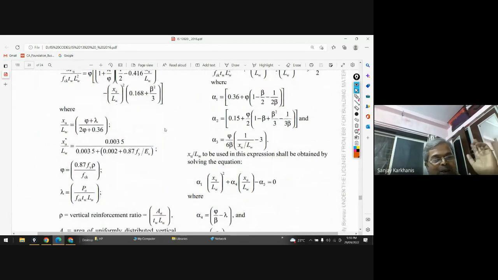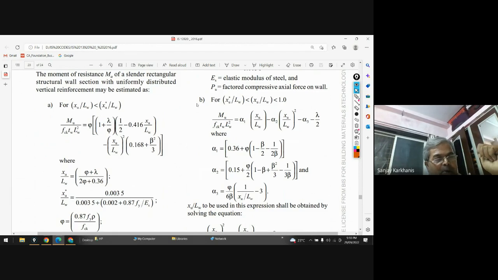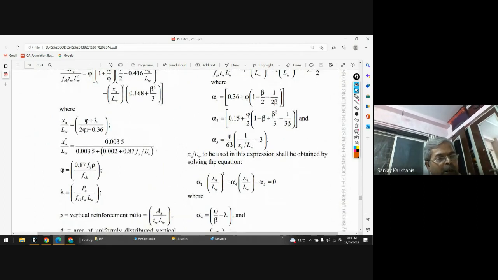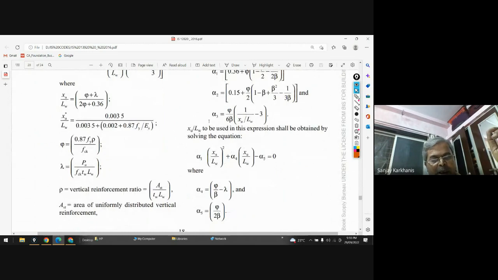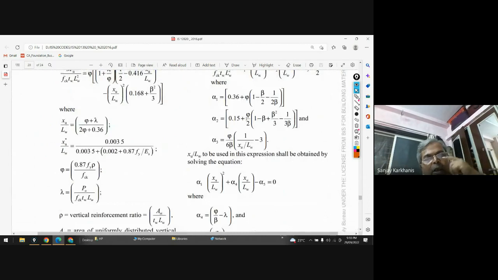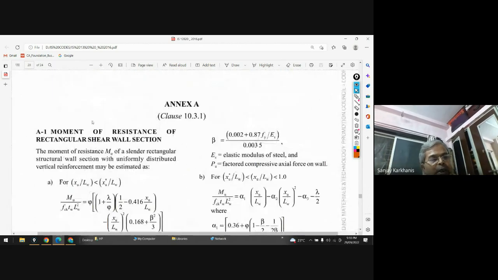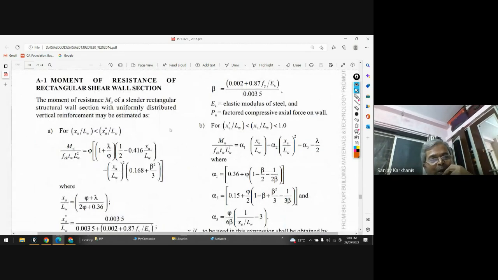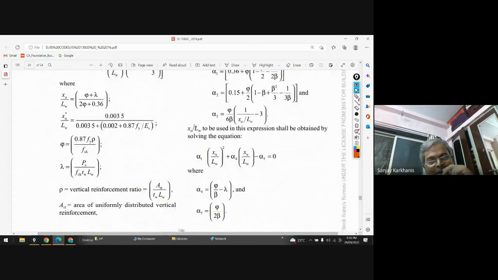Only then can you design a rectangular shear wall, and that's why people are using ready-made software, because software will take care of all these calculations: lambda, phi, theta, LW, XU, and then for different XU by LW, all that will be taken by software. So why do people use ETABS for shear wall design? Because of this.